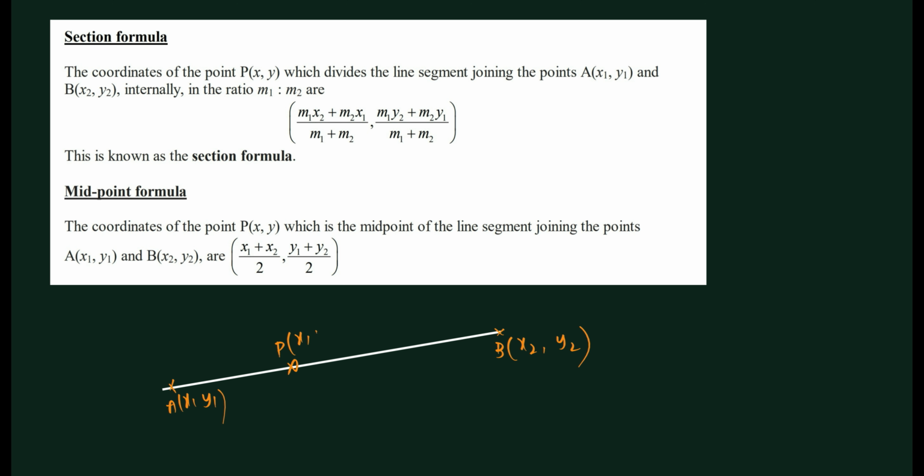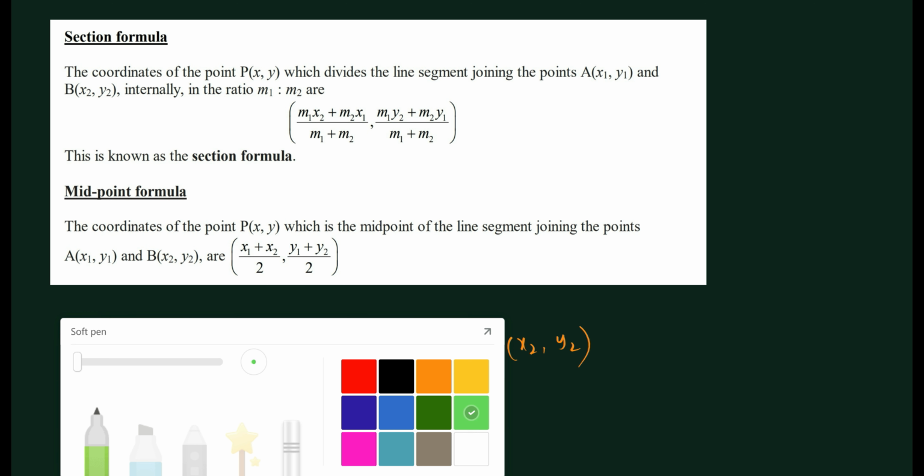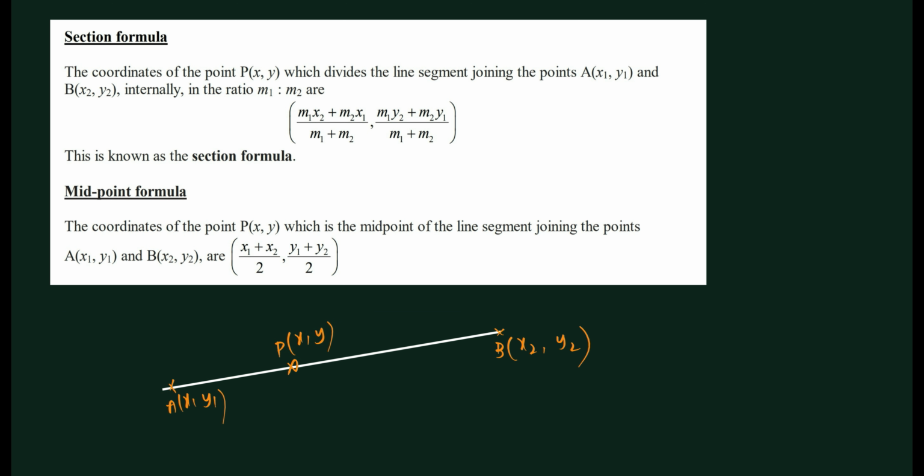So let us say this is the point x comma y which divides the line segment in the ratio m1 is to m2. Let us say the distance from A to P is m1, and from P to B, let us say this is m2. So you have to take the distance from here to here. Okay, from here to here, let us say this is m2.